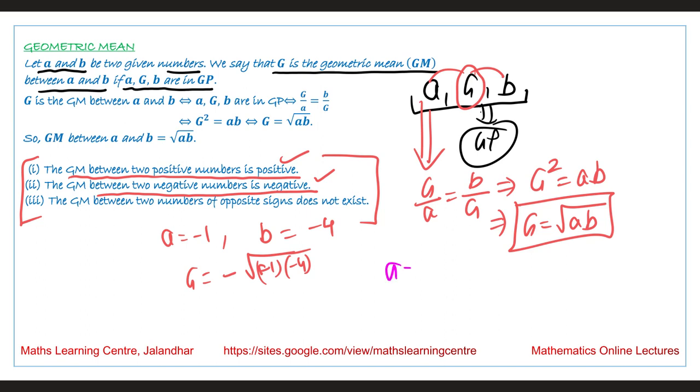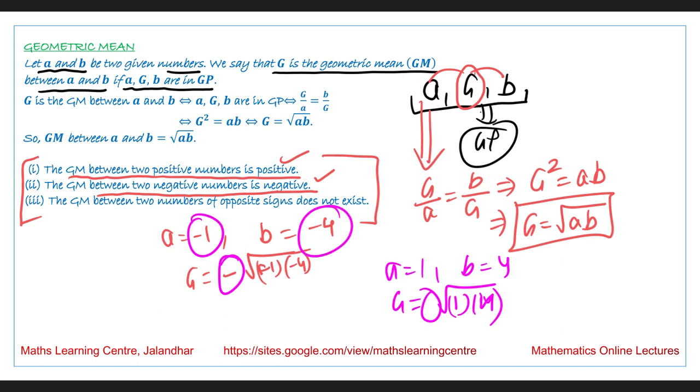If a is equal to 1 and b is equal to 4, then the geometric mean is square root of 1 into 4. So this sign is according to the signs of a and b. And last, the geometric mean between two numbers of opposite sign does not exist.